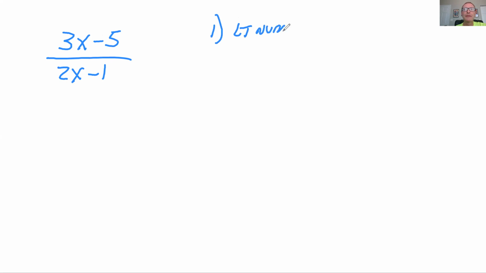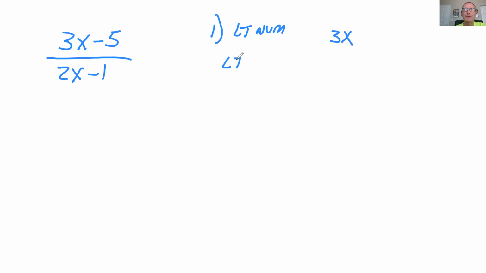Let's do a few more. Say like you had this crazy one. Say like we had 3x minus 5 over 2x minus 1. So you ask yourself, leading term in the numerator, that would be 3x, right?